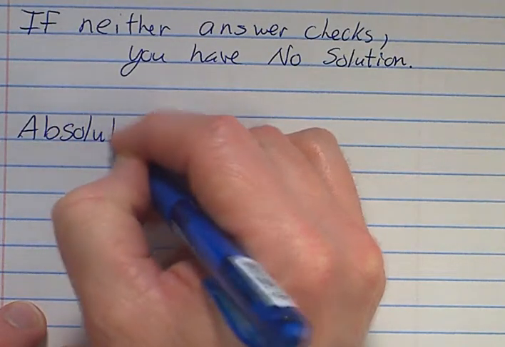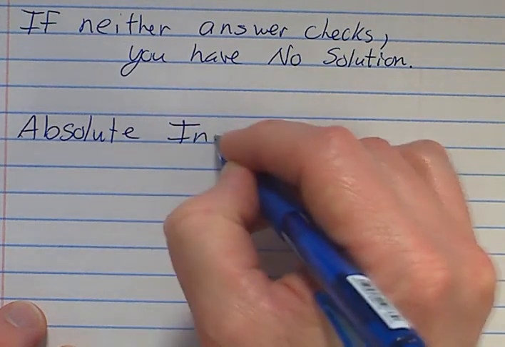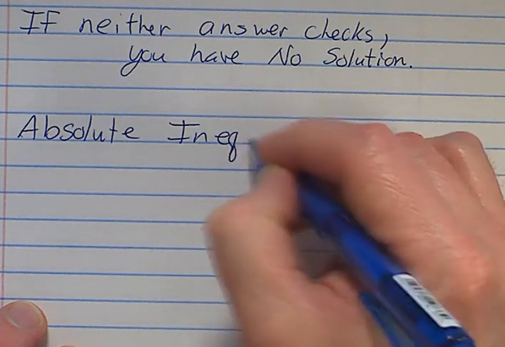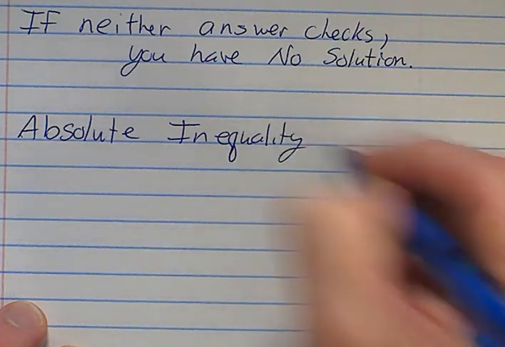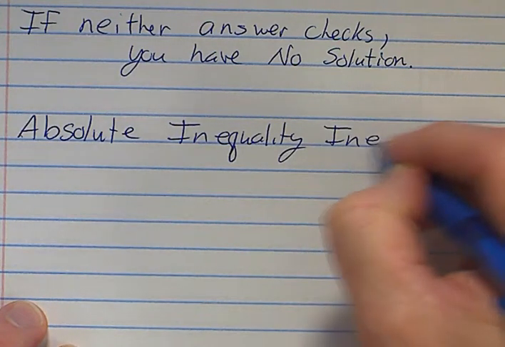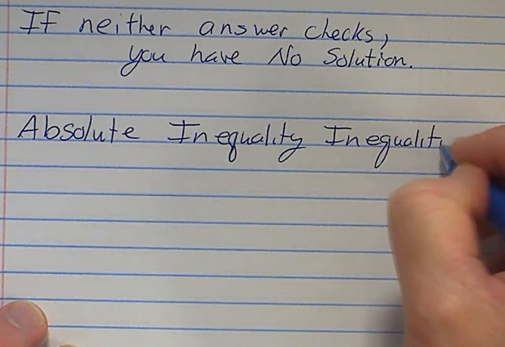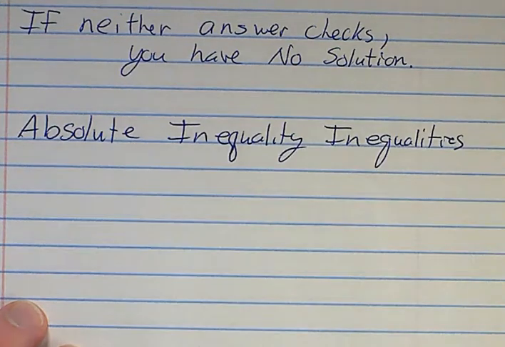So if y'all get this first little thing here in the beginning, and we'll do one problem each just to show you what happens. So we got absolute value inequalities.